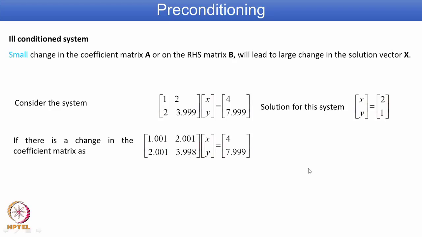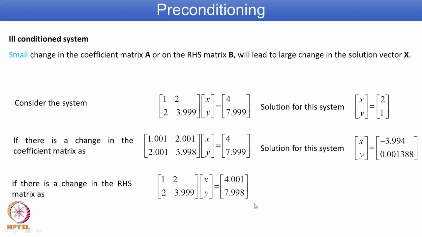Now, for this system, the solution appears to be as shown here: x and y equal to minus 3.994 and 0.001388. You can observe here this value is very much different from the original solution value. Let us take the other case where we change the right hand side matrix, and it is shown here, B as 4.001, 7.998.